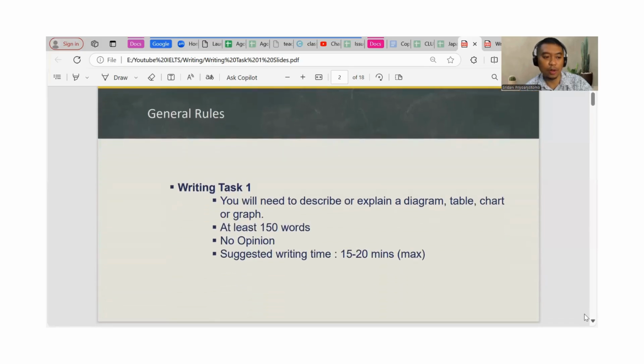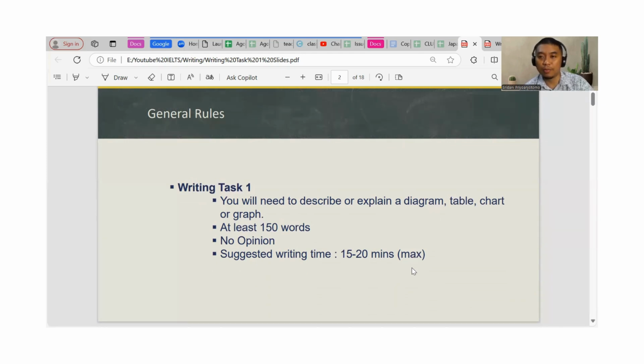So this time we're going to talk about the general rules or tips on how to do writing test 1. Number 1 is that there are descriptions written in these slides. You will need to describe or explain a diagram, table, chart, or graph, and one more, a map.